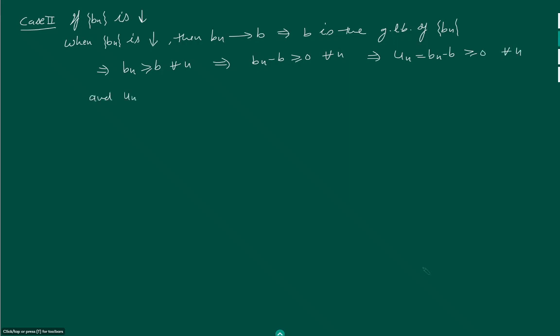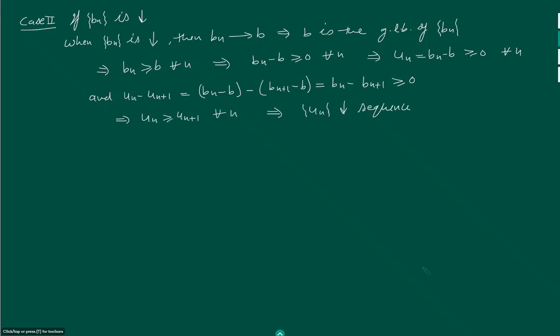So Un is a sequence of positive terms, and Un minus Un plus 1 is Bn minus Bn plus 1, and since Bn is monotonically decreasing, Bn minus Bn plus 1 is greater than or equal to 0. That means Un is greater than or equal to Un plus 1, and hence Un is again a monotonically decreasing sequence of non-negative numbers.